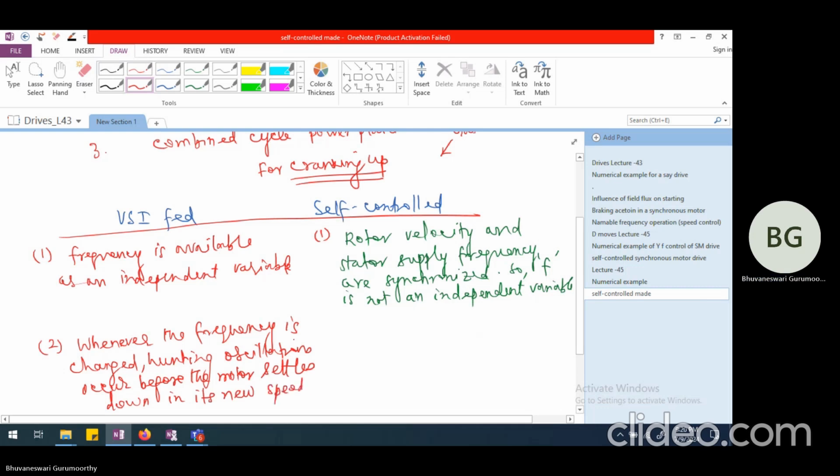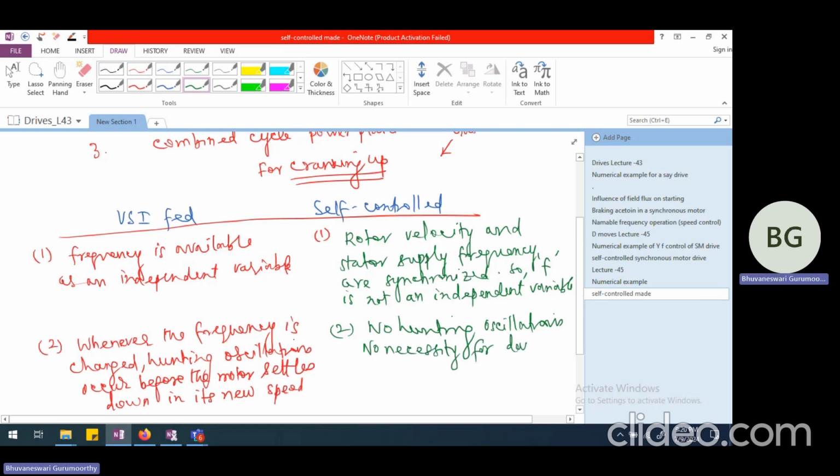Whereas you will not see any hunting oscillation at all in the self-controlled case, because there is always synchronization between the stator supply frequency and the rotor velocity. So no hunting oscillations, and no necessity for damper winding in this particular case.